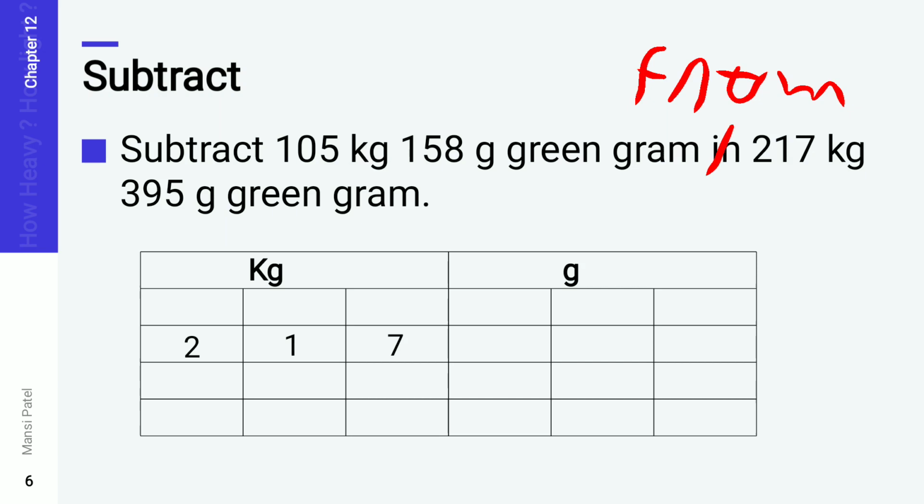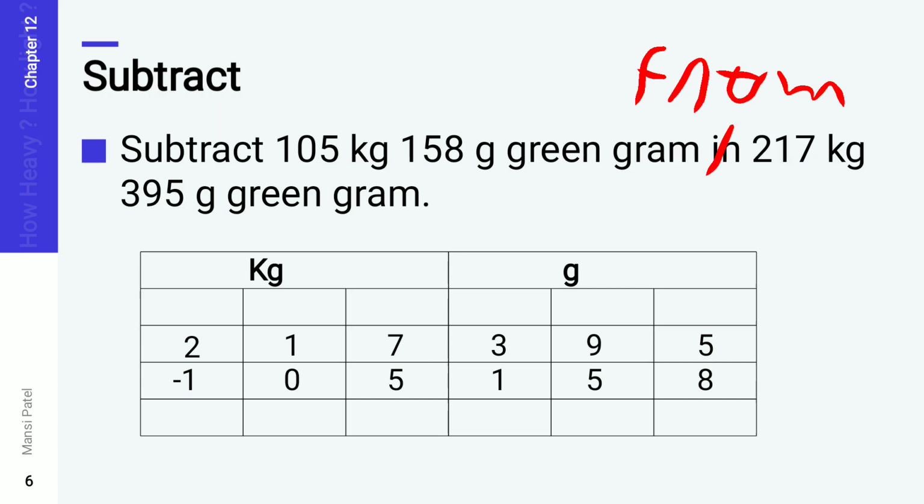How many grams are there? 395 grams are there. Now from this 217 kilogram 395 gram, you have to subtract 105 kilogram 158 gram.